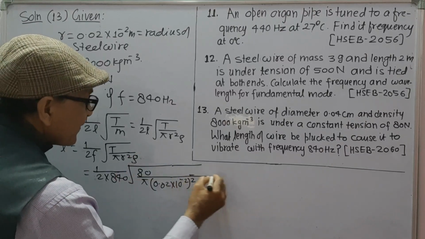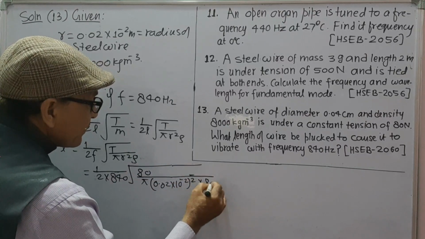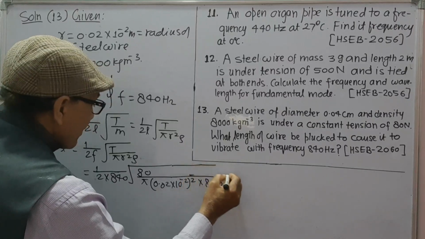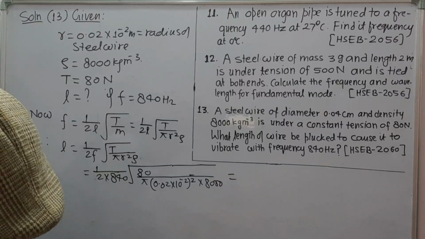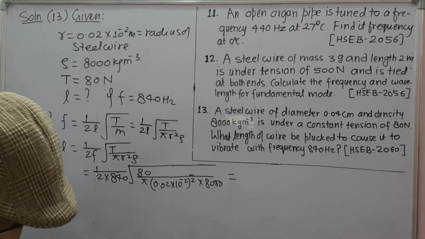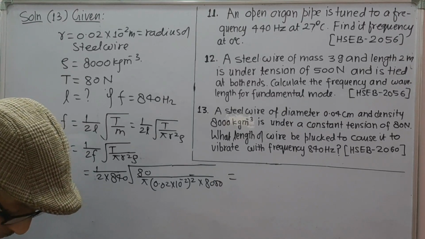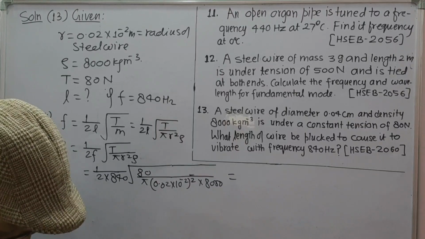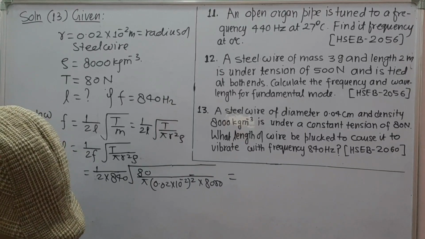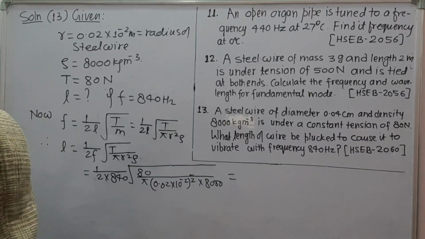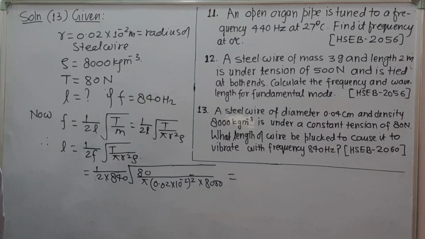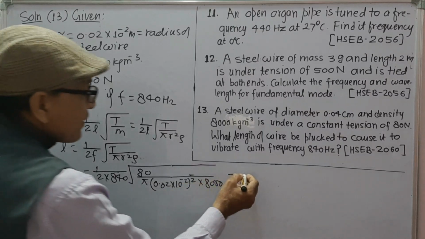Rho is 8000, which gives required length as 0.168 meter.